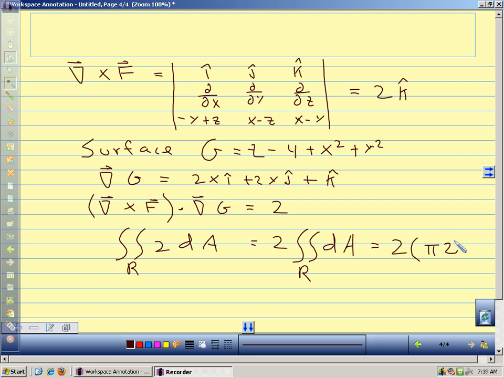Pi times 2 squared equals 8 pi. So we didn't even have to evaluate the integral. And we showed that the line integral and the surface integral of the normal component of the curl were the same. So we verified Stokes theorem for that particular region.